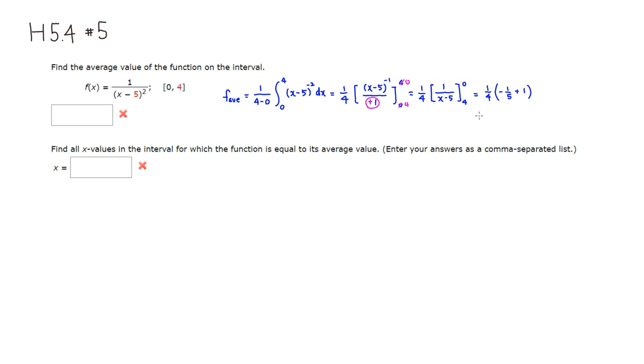So this is going to be 1 over 4 times 4 over 5. We can cancel the 4 on top and the 4 on the bottom, and this comes out to be 1/5. So the average value is 1/5.